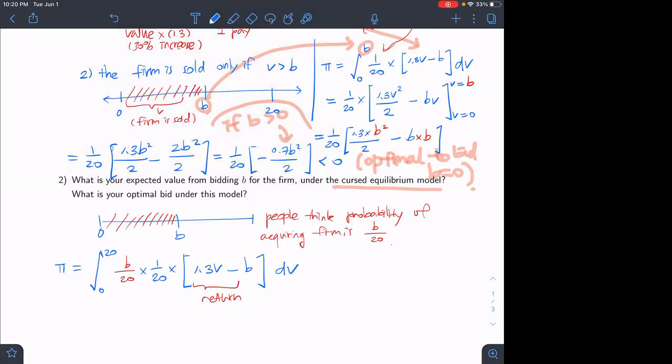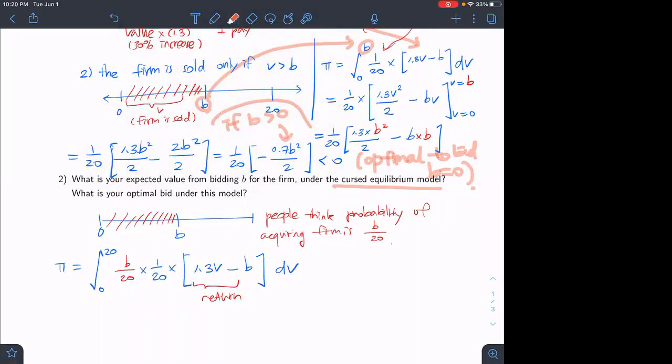Okay, so the main difference is that we have this B hanging around at the front. This is wrong. We should be putting 1 here and then put B in here. But people in this model are doing the wrong integration.